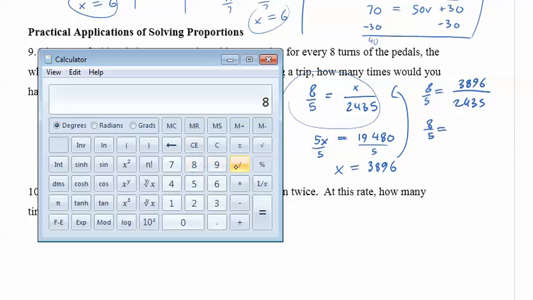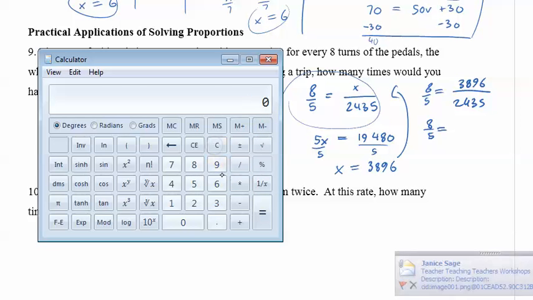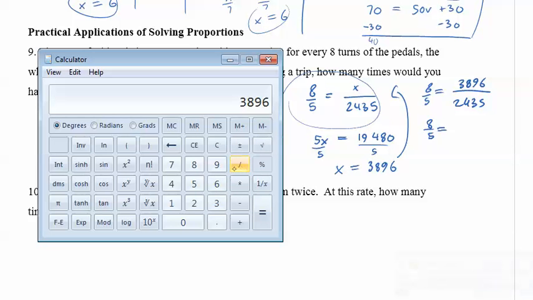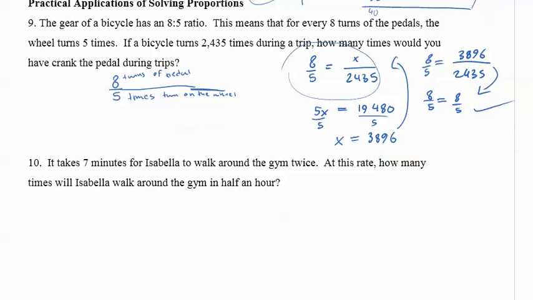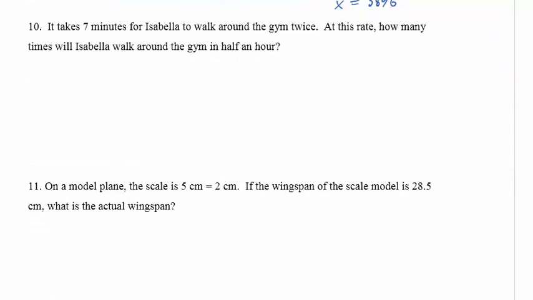So 8/5 is 1.6. 3,896 divided by 2,435 is also 1.6. So this would have reduced to 8/5 because they both equal the same decimal. So we did the equation right.